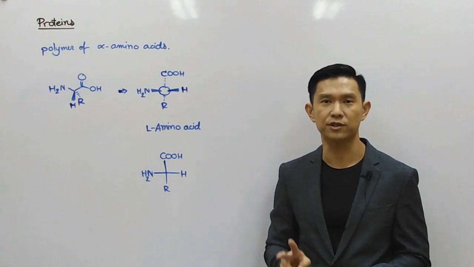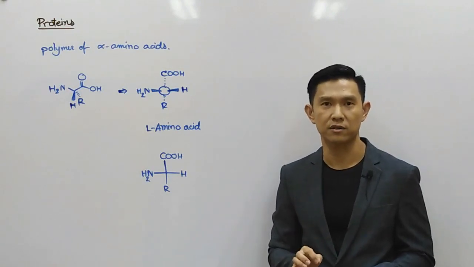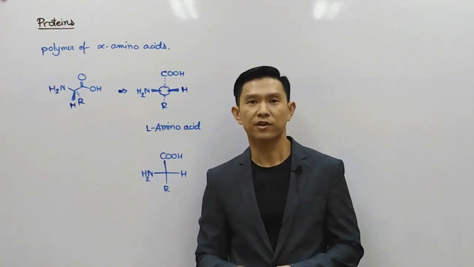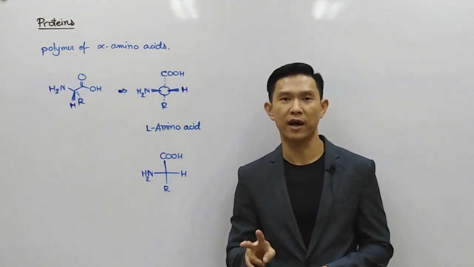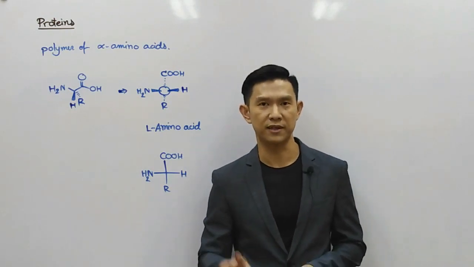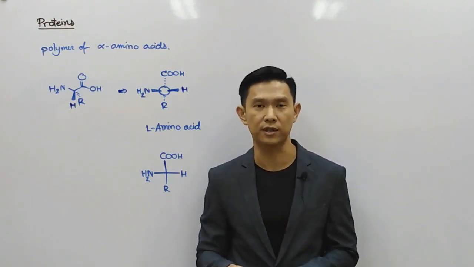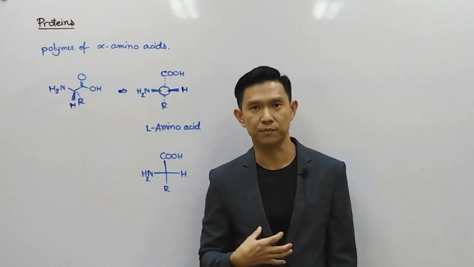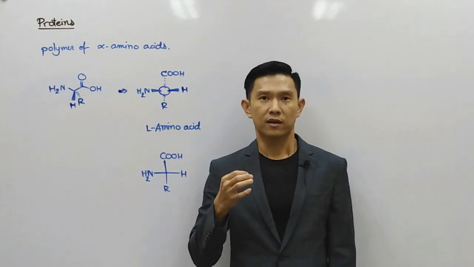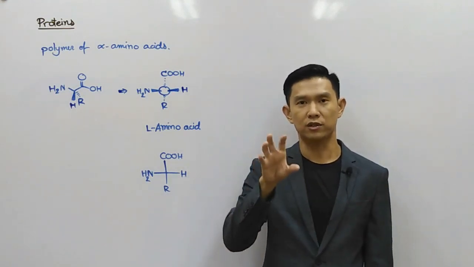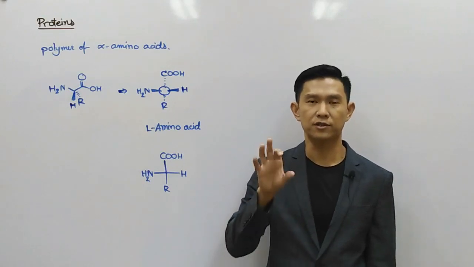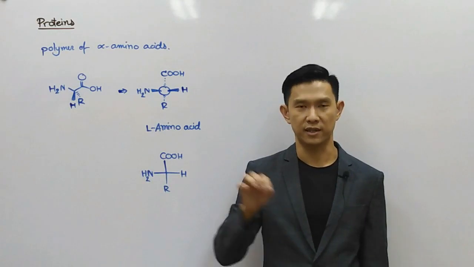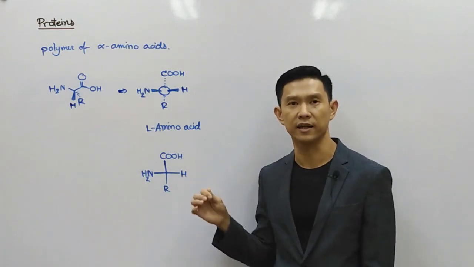Those 20 amino acids are called proteinogenic amino acids, the amino acids that generate proteins. Actually, the 20 amino acids are the ones that can be decoded by the RNA system. As you may know, when we synthesize proteins in our cells, the amino acid is attached on top of the transfer RNA, and the transfer RNA attaches with the messenger RNA, which is decoded from the DNA.